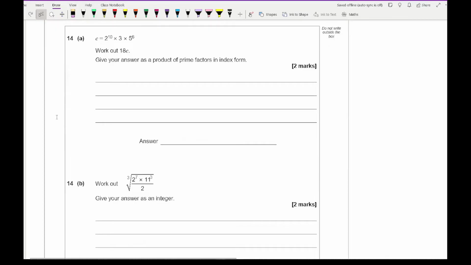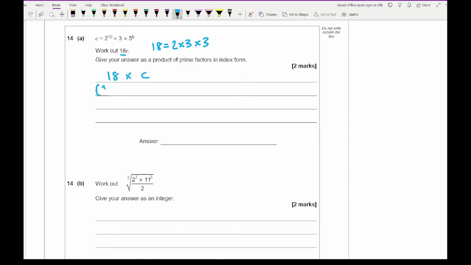Now with 14a it says c equals 2 to the power 10 times 3 times 5 to the power 6. Work out 18c and give your answer as a product of its prime factors. So to get 18, using these numbers, 18 equals 2 times 3 times 3. And then what we need to do is 18 times c.